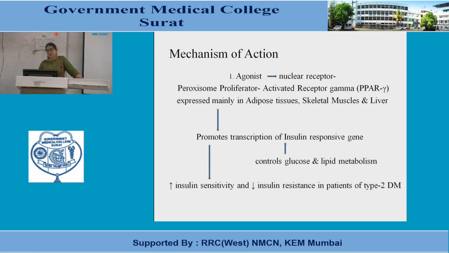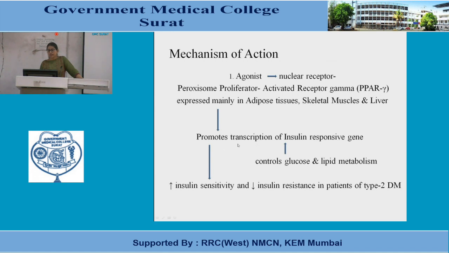So these are the actual sites where gluconeogenesis occurs. These are the sites of gluconeogenesis, adipose tissue, skeletal muscles and liver, in diabetic type 2 patients, where the increase in the blood sugar level occurs. So this is the agonist at the nuclear receptor, PPAR gamma.